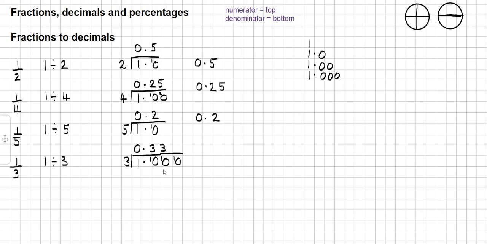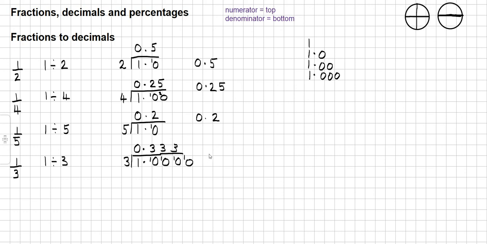We're always going to have 1 left over, which is going to create 10 in the next column, and so this pattern's going to emerge where we just keep having 3's into 10 goes 3 times, 1 left over, and so it goes on.